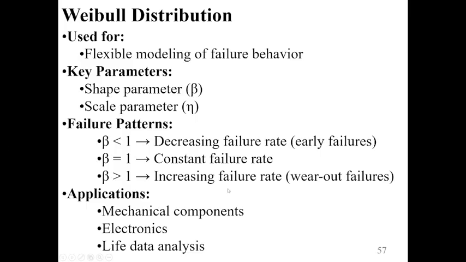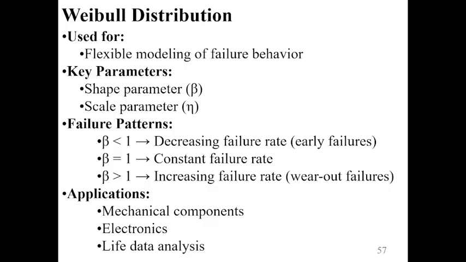The Weibull distribution is one of the most versatile and widely used distributions in reliability engineering because it can model different types of failure behavior depending on its parameters. We already discussed both of these distribution functions, but I just want to refresh your mind because we need this information in the following slides. It is defined by two main parameters, as I told you before: the shape parameter beta and the scale parameter eta.